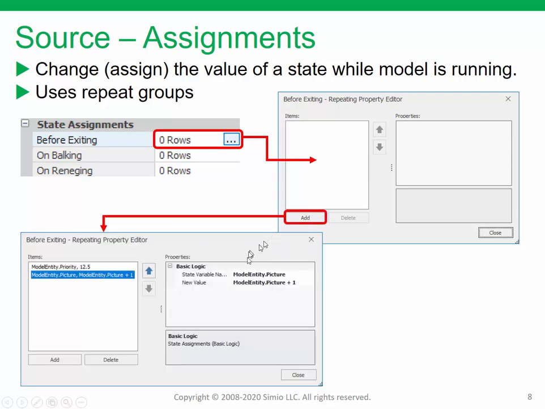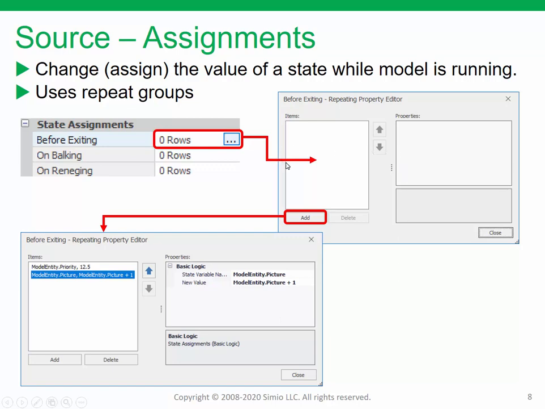If I click on add, then I can add the state assignment. In this case, I've made two state assignments. The first one I did was set the ModelEntity.Priority, so the entity state called priority, to 12.5. And for the second one, I set the picture equal to picture plus 1. So I incremented the symbol index for this entity.